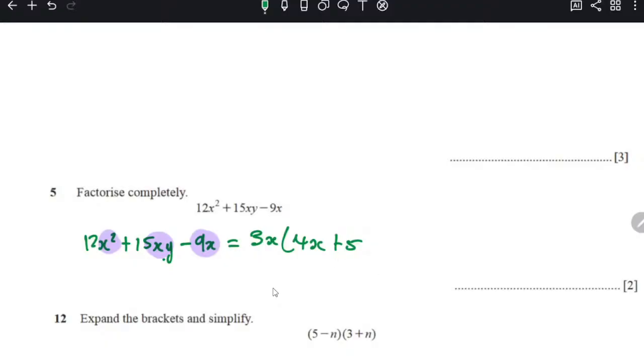Then x divided by x, they cancel. Nothing for y, it becomes like this. Then minus 9 divided by 3 is 3. X divided by x is nothing. Can you see? 3x multiplying 4x plus 5y minus 3.